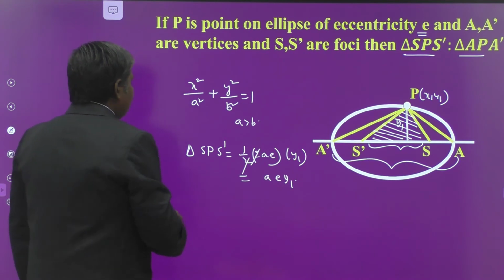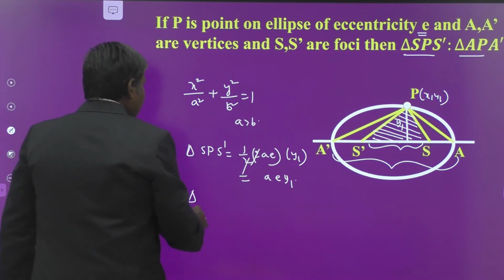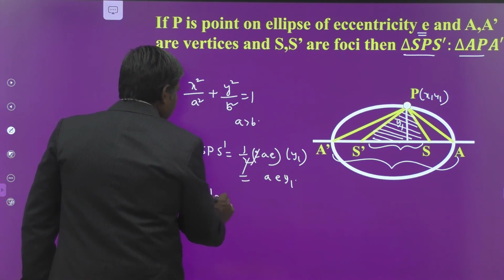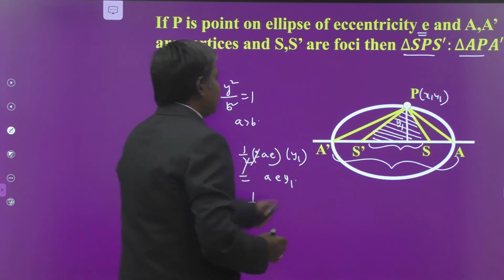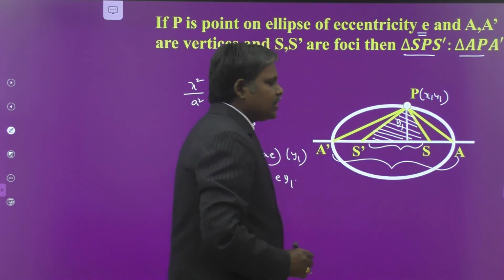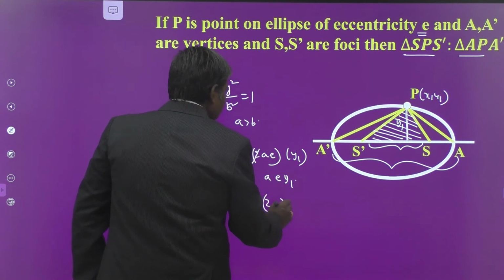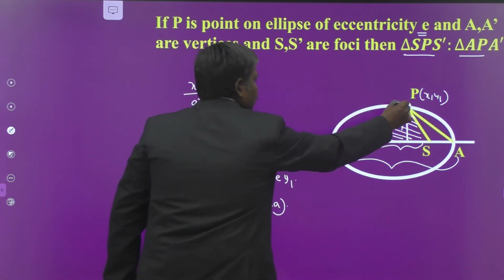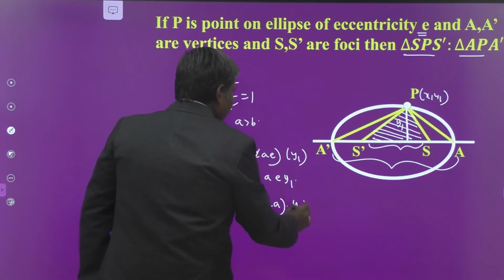Again, we find the area of triangle A dash PA. That is half into base. The base is nothing but A dash A. What is the distance from A dash to A? 2A, that is the measurement, into height. This is the common height for both the triangles, so it is y1.